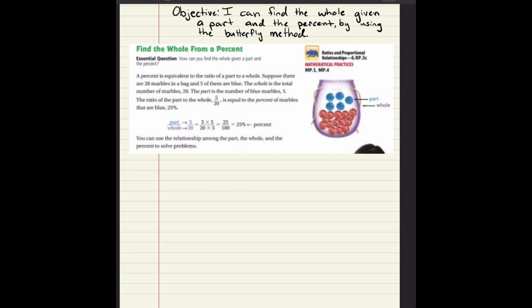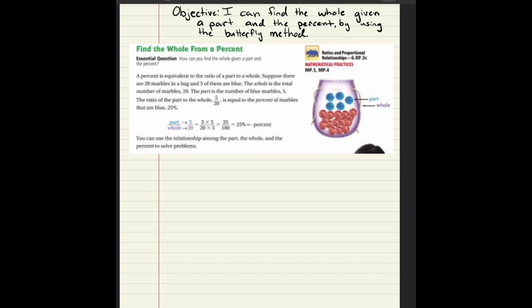It says a percent is equivalent to the ratio of part to whole. Suppose there are 20 marbles in a bag and 5 of them are blue. The whole is the total number of marbles, 20. The part is the number of blue marbles, 5.